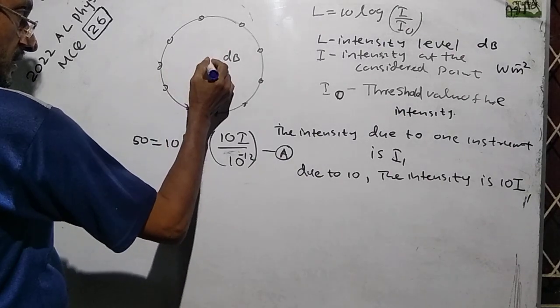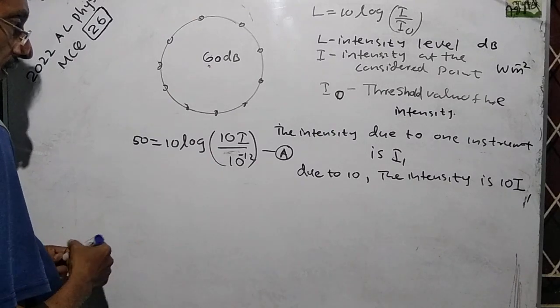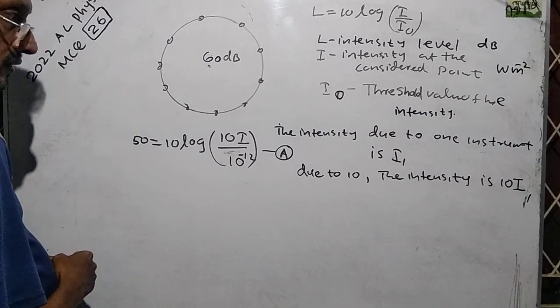The intensity level is 60 decibel. Then there are X number of instruments.